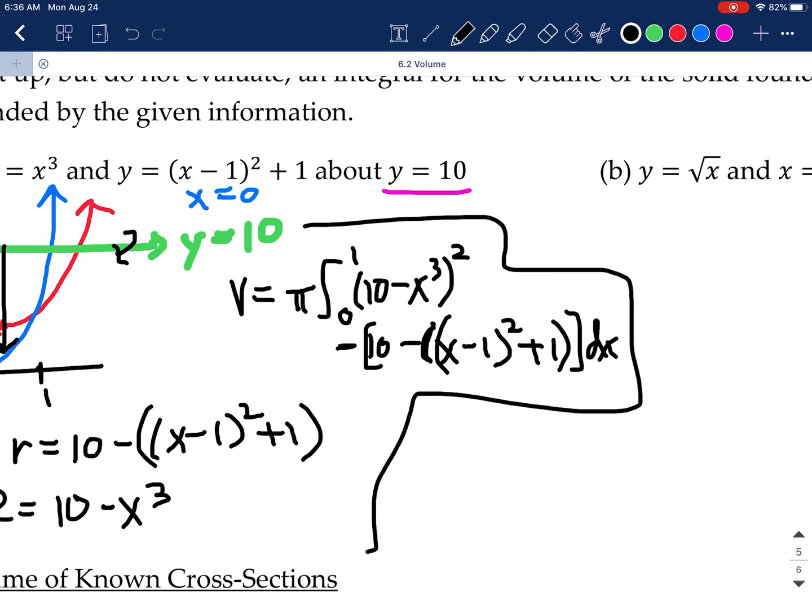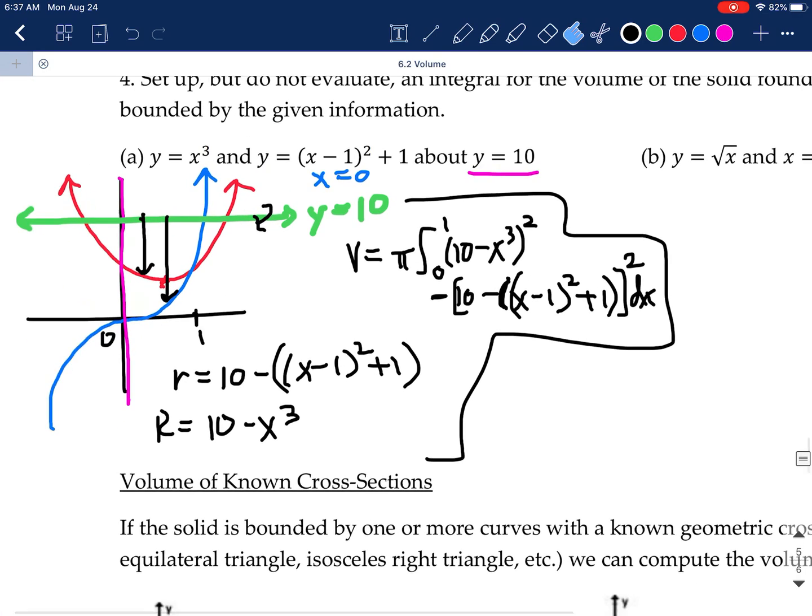So kind of a long integral, would definitely be messy to do by hand, so definitely not one that we would want to do by hand most likely.